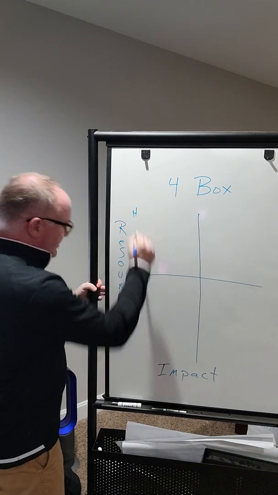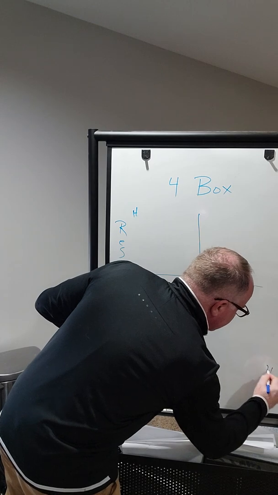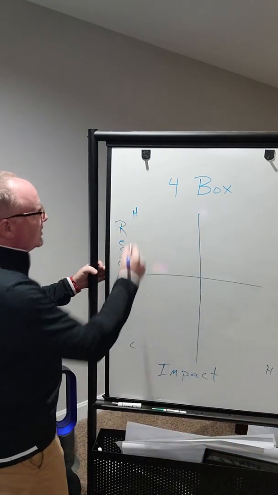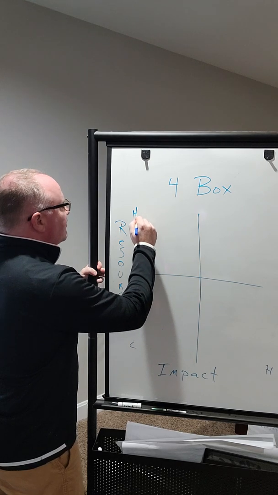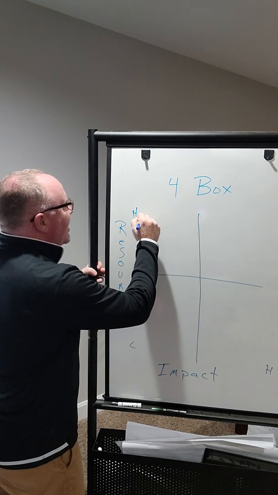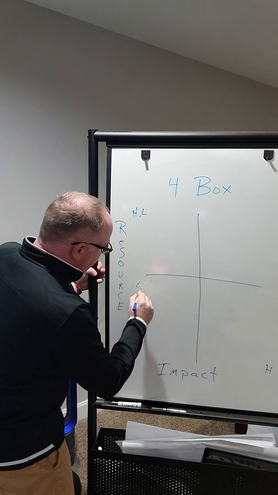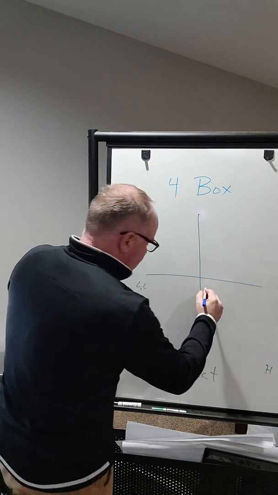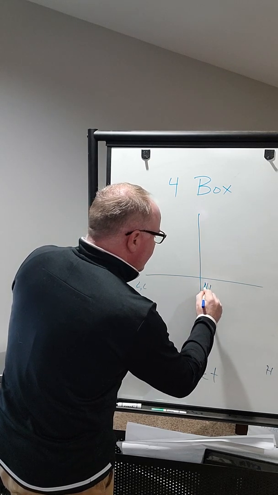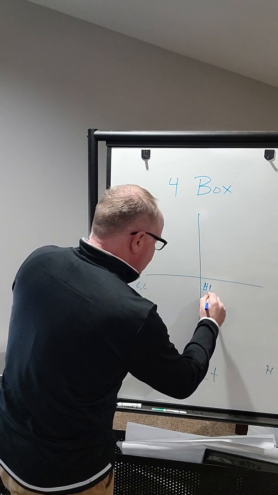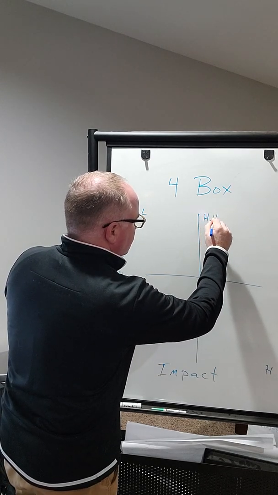This is high, low on resources, low, high, impact. So this would be high resources and low impact. This would be low resources and low impact, and this would be low resources, high impact, and then high impact, high resources. All right.